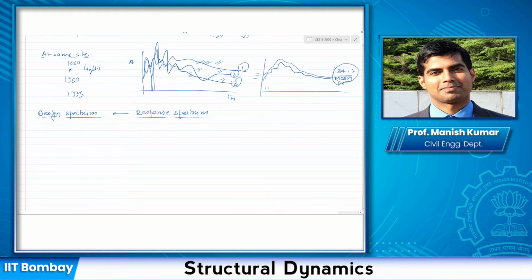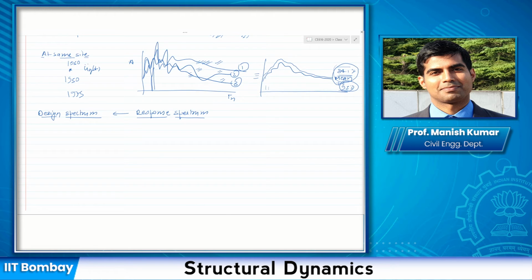As a code committee or as a designer, or people who are responsible for developing response spectra, they can even go for a higher percentile like the 90th or 95th percentile. So at each time period, the peak value has a probability that it is within the 95th percentile of all the individual ground motions.